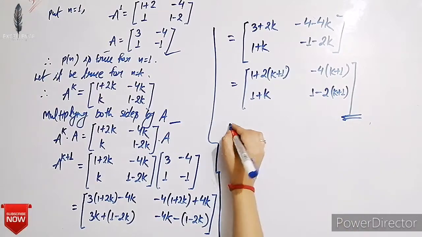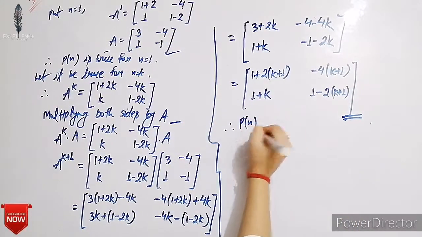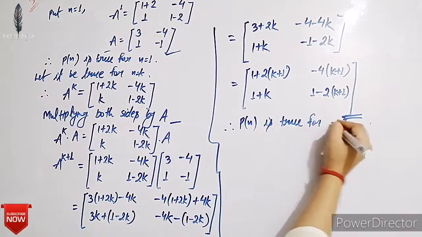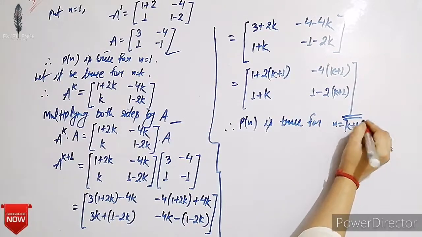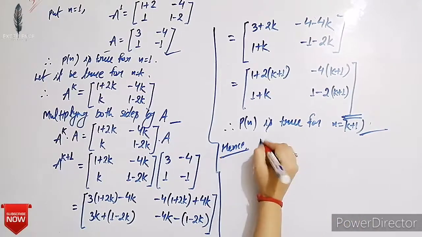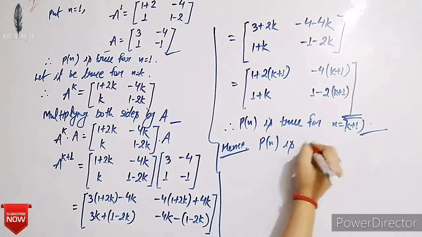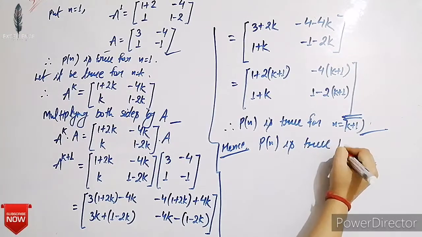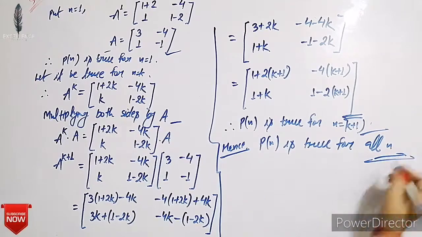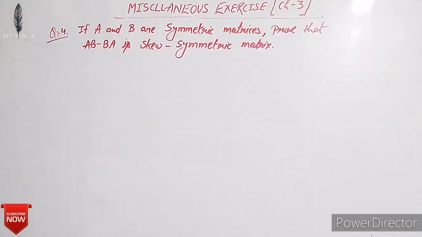Okay. So P of n is true for n equals k plus 1. Hence, by principle of mathematical induction, P of n is true for all n belongs to natural numbers. Okay, let's see the next question.